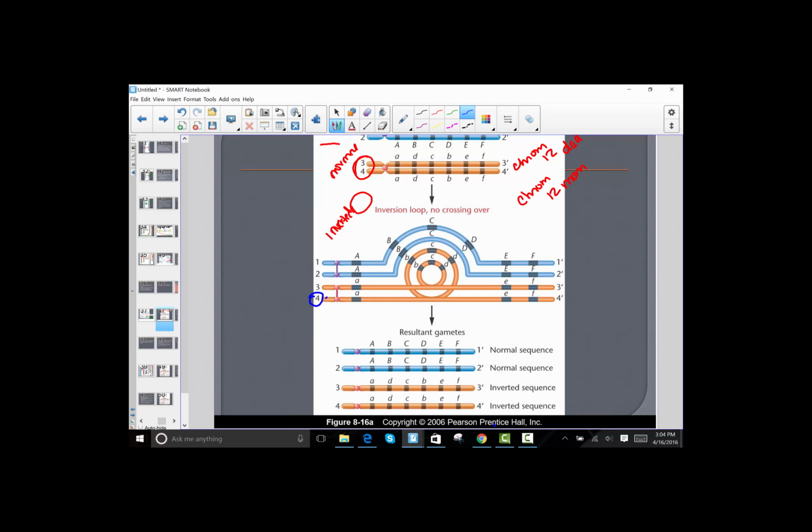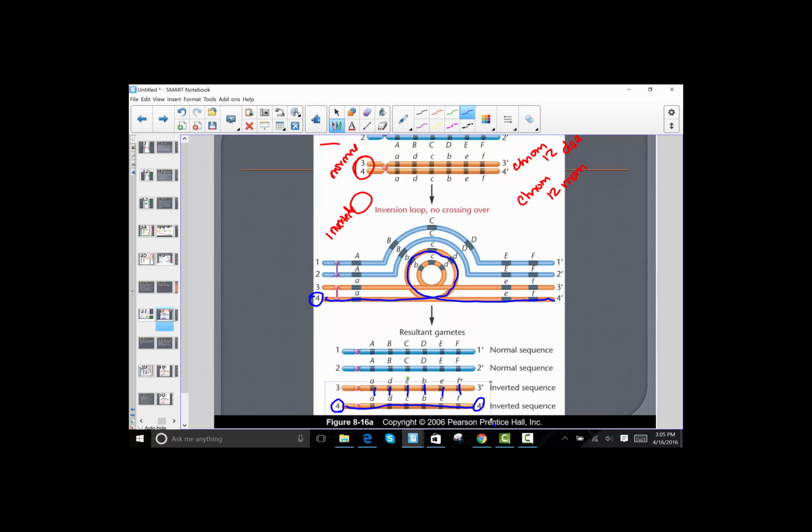And 4 is actually going to go A, D, C, B, E, and F. So when we start with 4 here, and we go to 4 prime, we still maintained the exact same sequence, right, in our inverted chromosome.